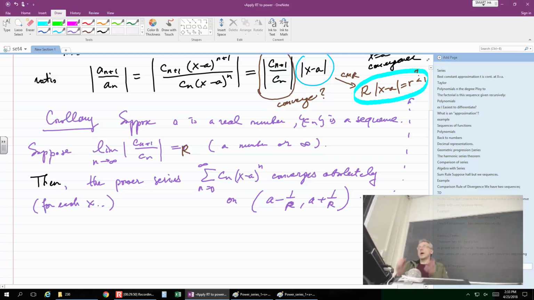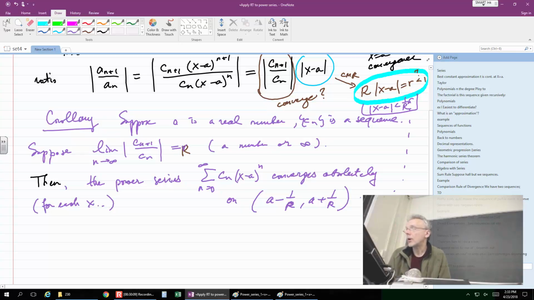So I could rewrite it if it's more convenient: the absolute value of x minus A is less than 1 over R capital. That's what the inequality means: the distance from x to A is less than 1 over R uppercase.